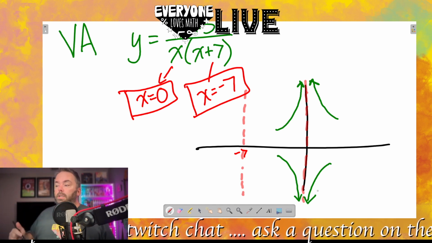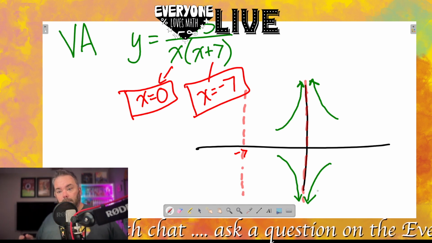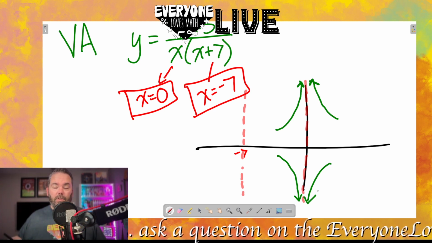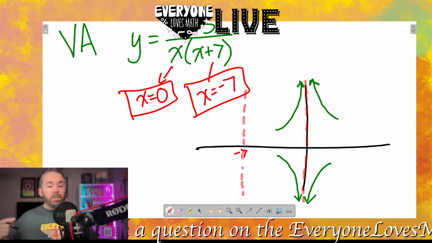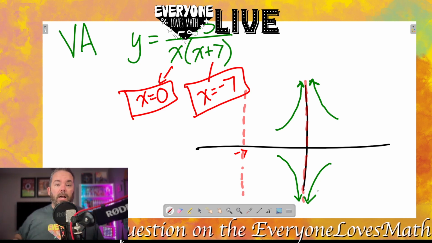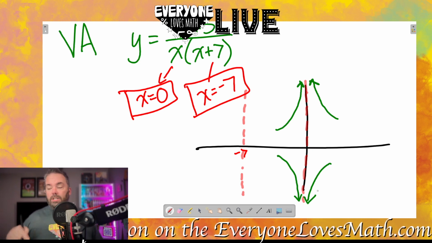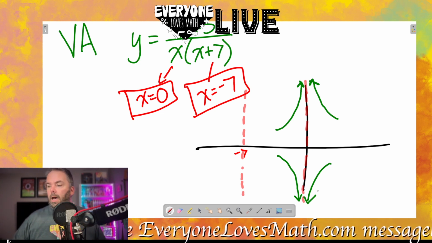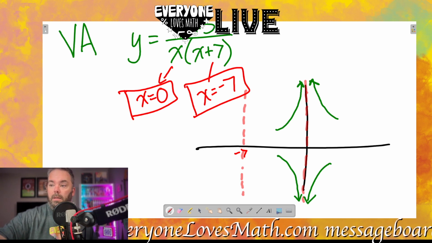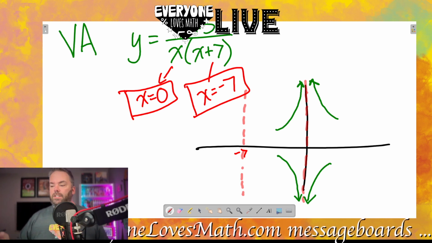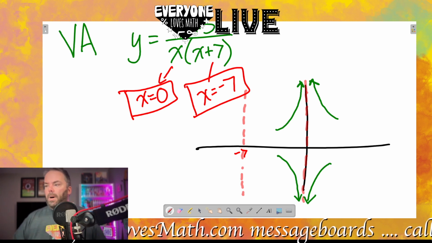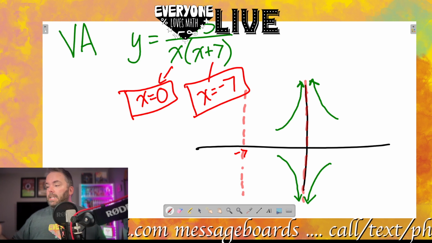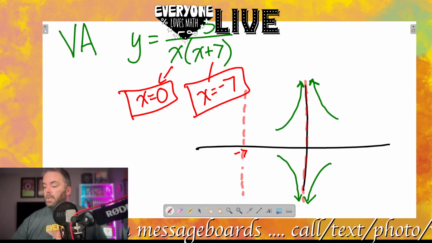So what we're going to do is test some numbers, but all we care about is positive or negative. We don't care about the specifics because we know this thing is going to heaven or hell, positive or negative. So we just have to test it for heaven or hell. Normally I would do this in my head, because once you do this a few times, it's not too bad at all, okay? But I'm going to write this out. So let's do to the right of 0.